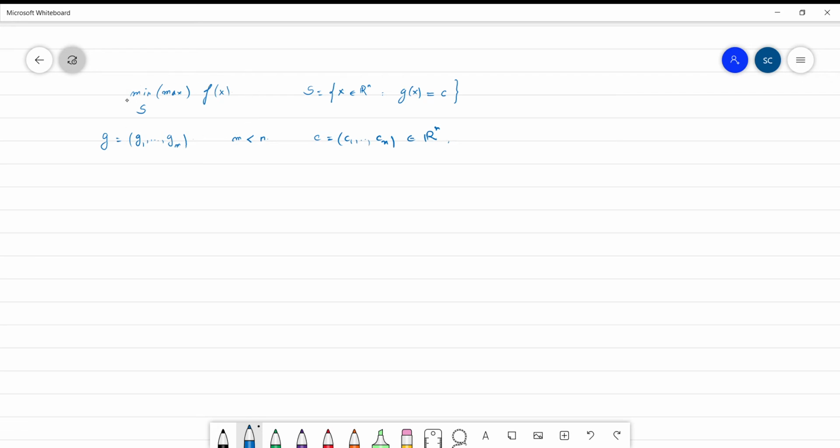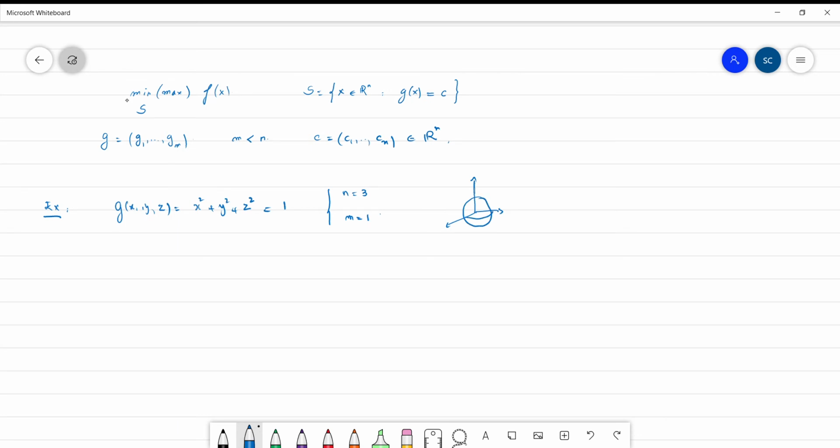For example, to concretize, if I have x, y, z and consider x² + y² + z² = 1, here the dimension n equals 3 and m equals 1. It's clear that the interior of the set is empty. My set is just the unit sphere.